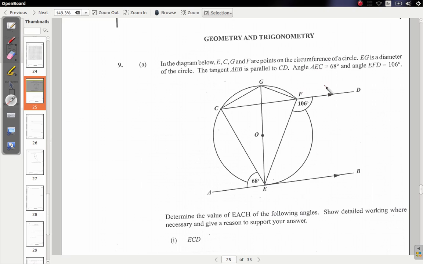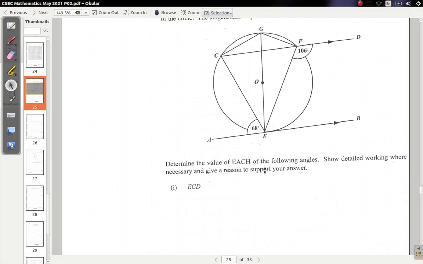Angle AEC is equal to 68 degrees, and angle EFD equals 106 degrees.